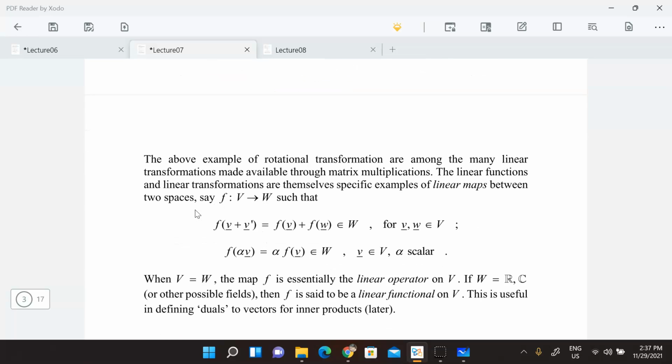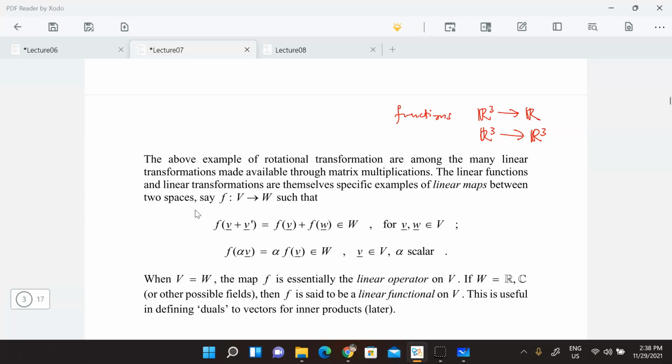So there are many things that one could associate with this idea of linearity. Generally, one talks about linear maps. We started off with functions. First, we had functions, and there are two types of function: one that goes from R3 to R, and then R3 to R3, which is a vector function.